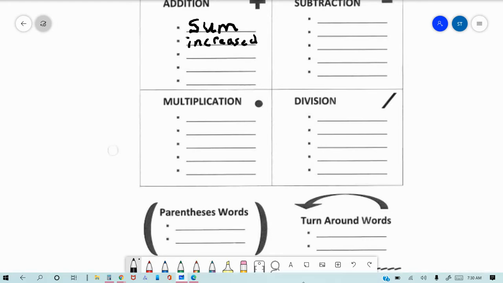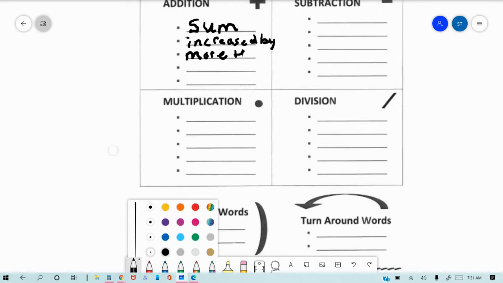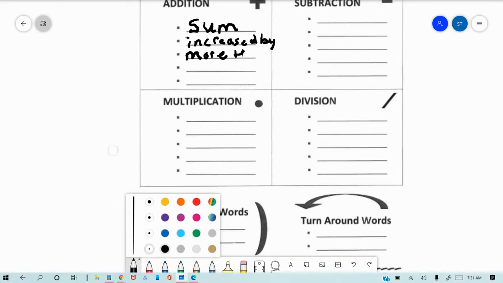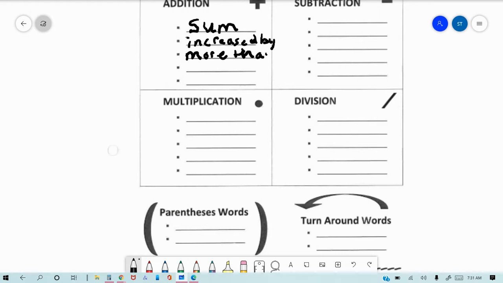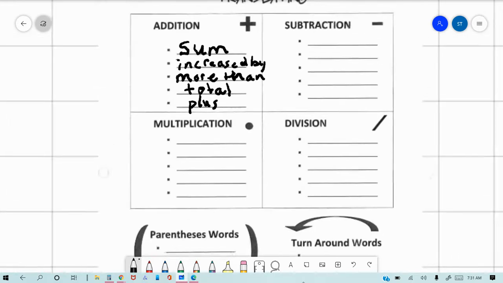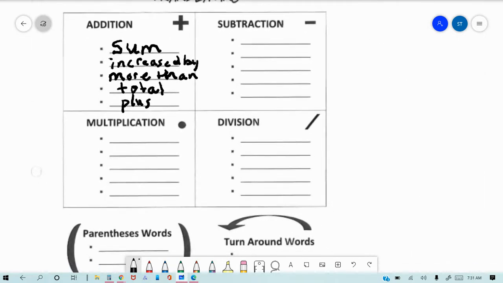Increased by. Okay, we use more than. Oops, I didn't mean to erase that. More than. We use total. And we use plus. Okay, so those are just some of the words that we use in addition.